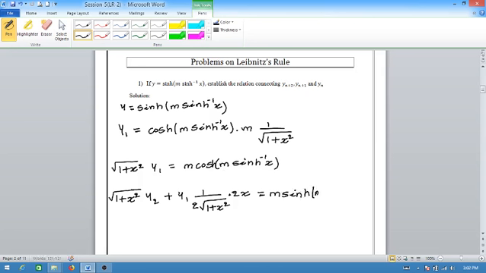So sin hyperbolic m into sin hyperbolic inverse x, into m as a constant. The differentiation of sin hyperbolic inverse is 1 divided by root of 1 plus x square, right.